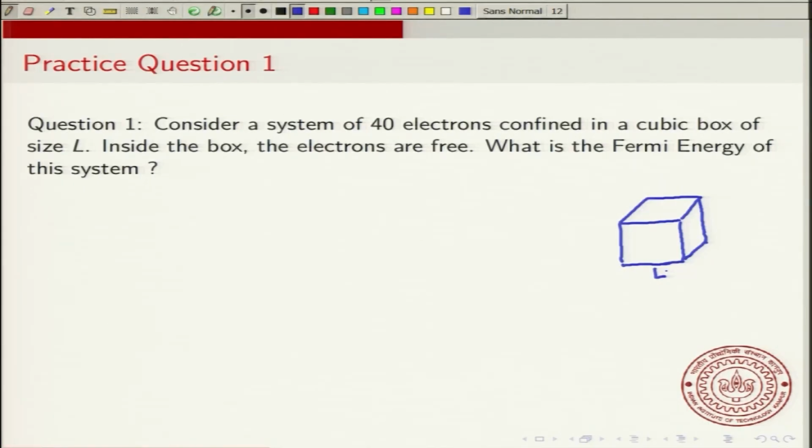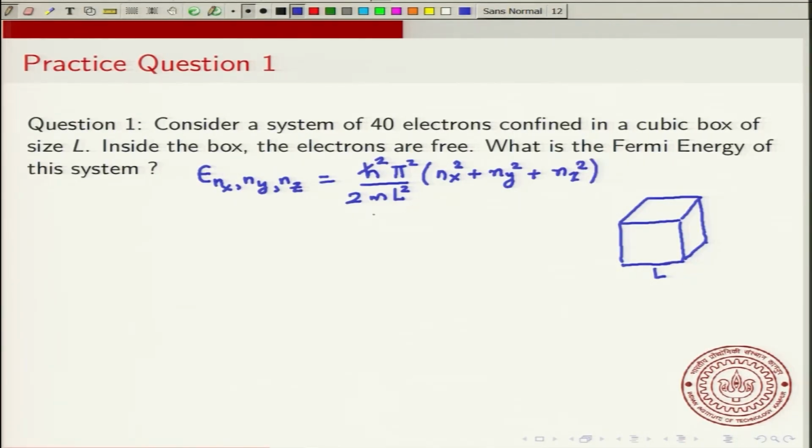Inside this cubic box of size L, the energy is given by a set of 3 quantum numbers, nx, ny and nz, and we already saw this should be h cross square pi square by 2 m L square into nx square plus ny square plus nz square.